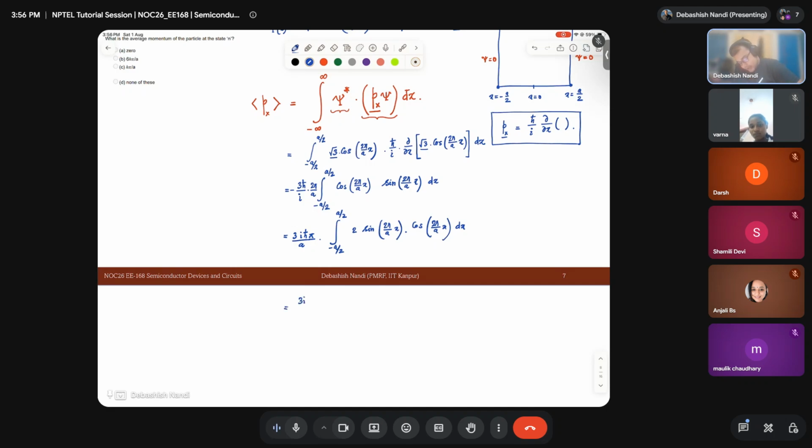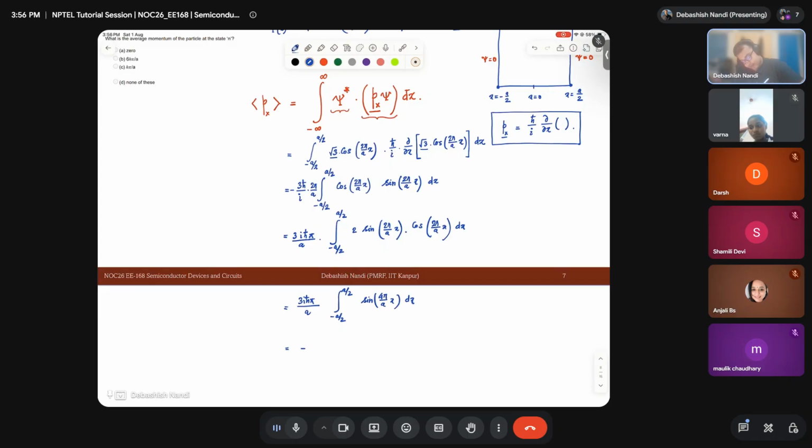Then I'll have 3 i h bar pi divided by a, integral from minus a by 2 to a by 2 sine 4 pi by a x dx.